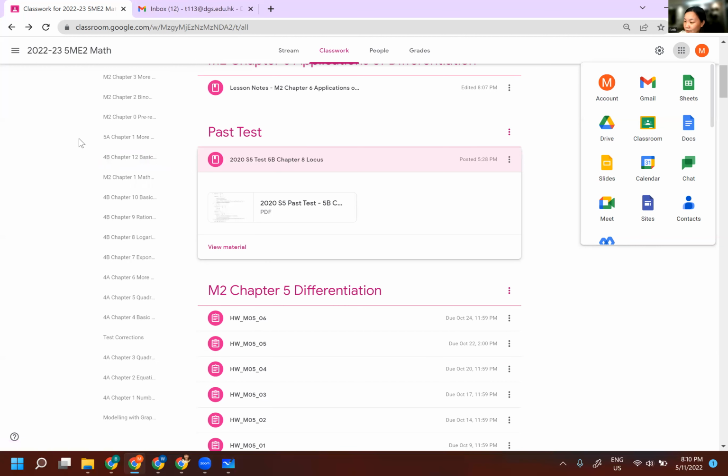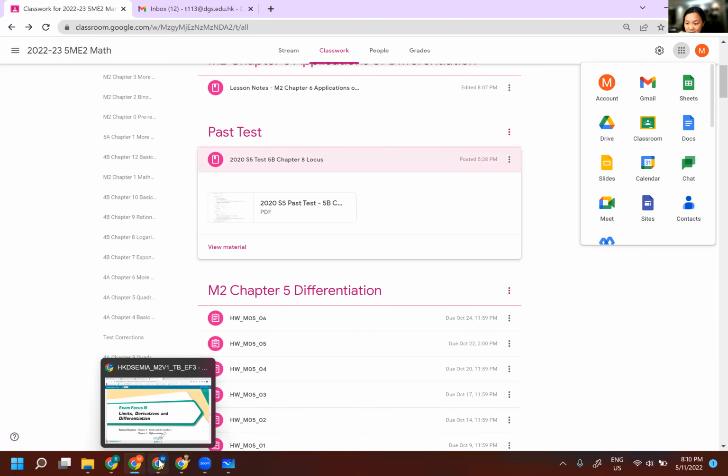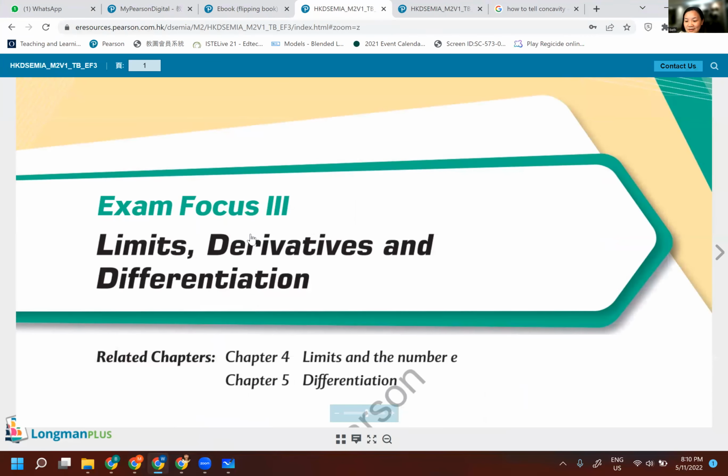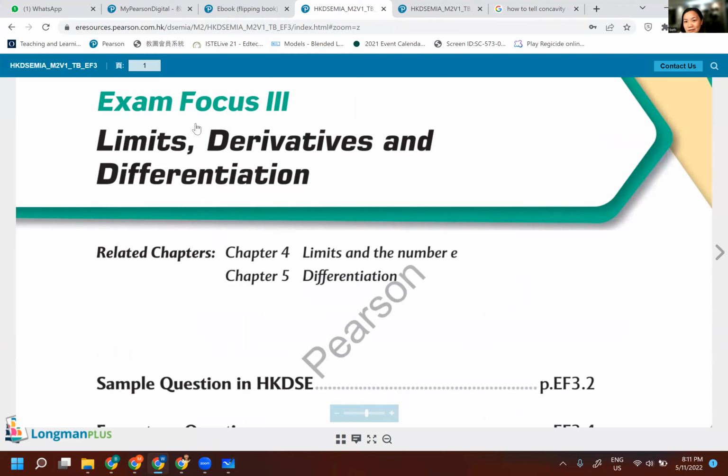later. But before we enter into chapter 6, I also want to mention the existence of this book from your textbook. There is another separate chapter called Exam Focus 3. And quite a lot of exam type questions are in there.